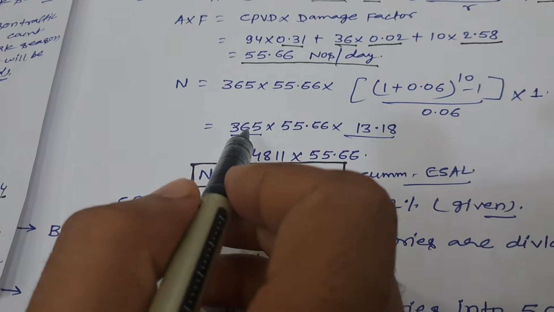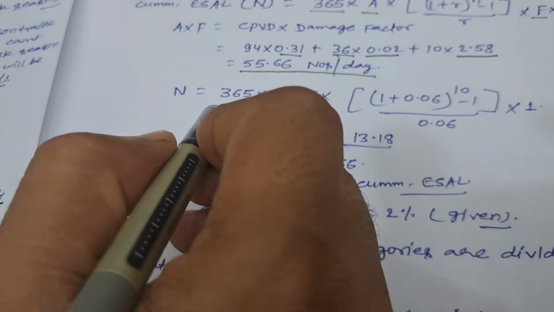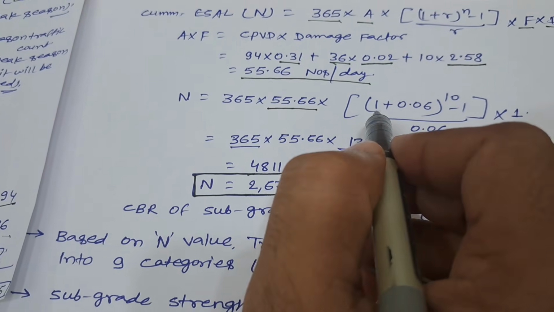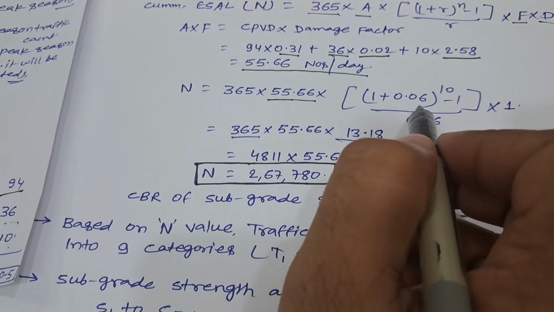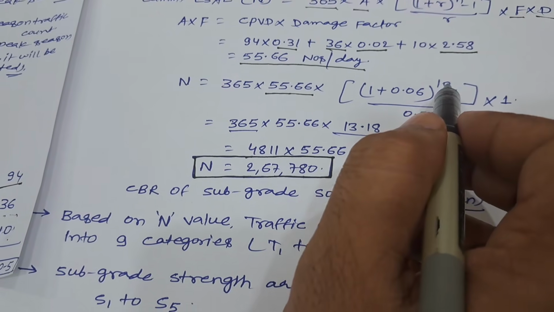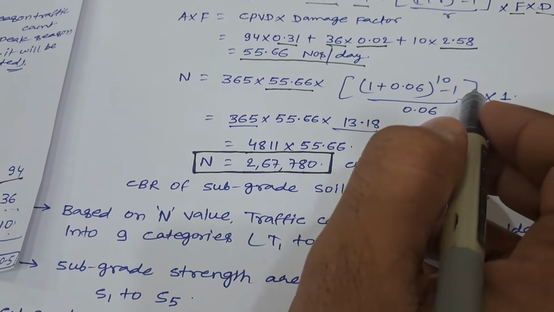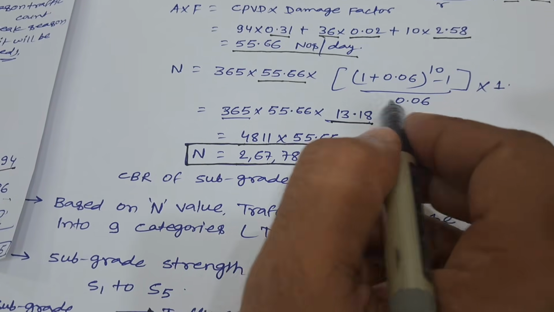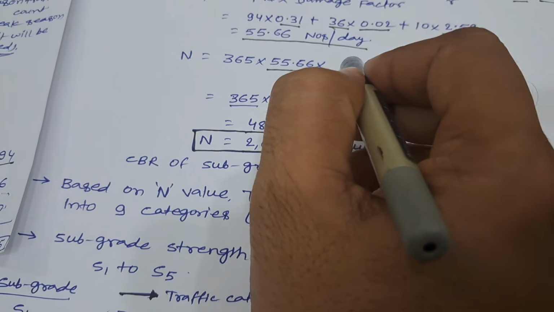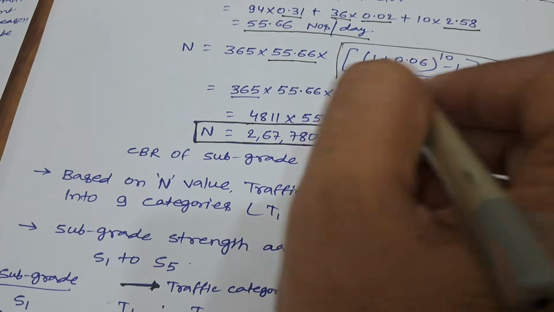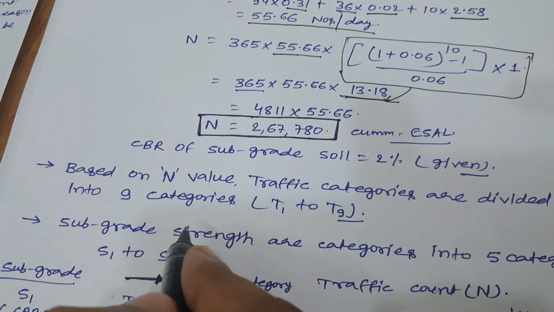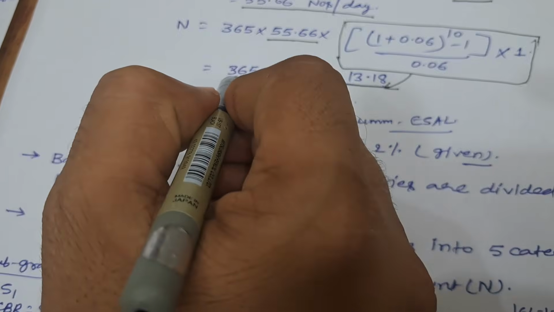If we put this value in the above equation, it will come 365 into 55.66 into R. Here R is given 6% and N is equal to 10 years. So if we calculate this value, it will come 13.18 for this value only. This is a constant value.